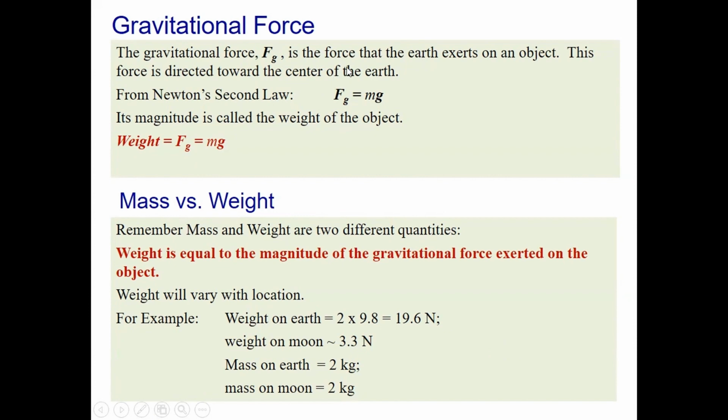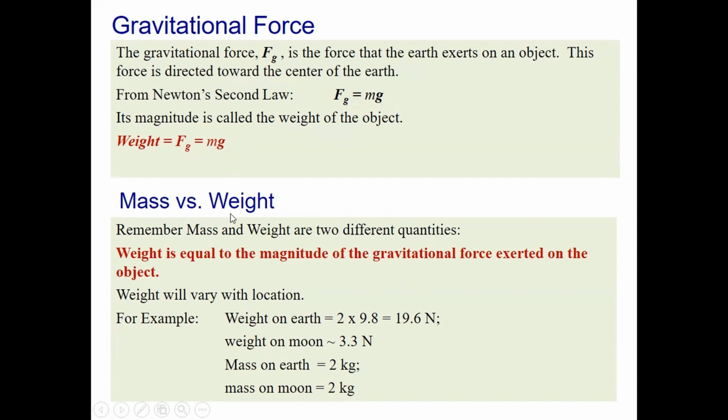The gravitational force is the force that causes the weight of the object. This force is directly towards the center of the Earth, and it is given by m into g. So the magnitude of the weight is m into g. It is the force due to gravity.